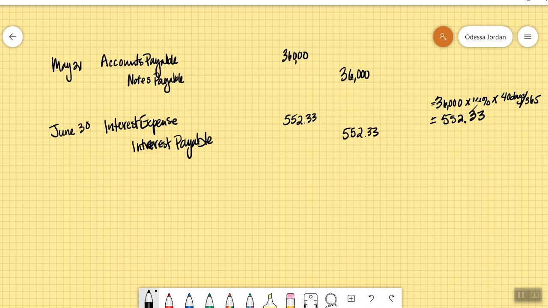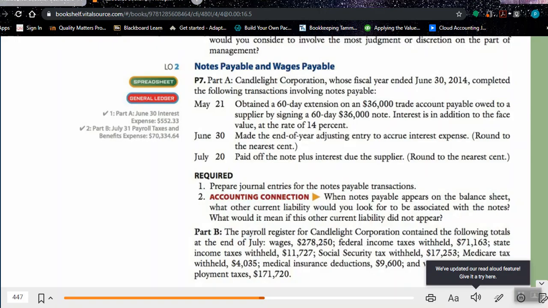All right. The last journal entry takes place in the next month, July 20, and this is when the actual amount is due, the $36,000 plus the 14% interest. So it says we paid out the note plus the interest due to the supplier.